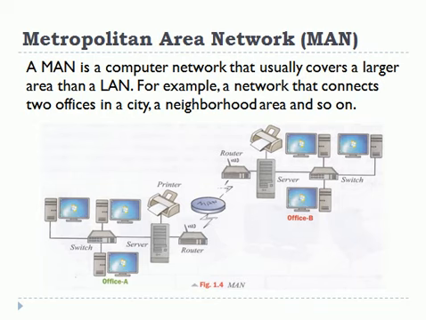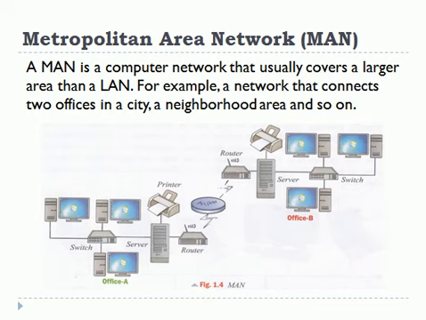The next is the MAN. A Metropolitan Area Network is a computer network that usually covers a larger area than a LAN. LAN is suitable only for a short distance. If we are connecting a huge area which is greater than a LAN, then we use a MAN. For example, a network that connects two offices in a city is known as a MAN.